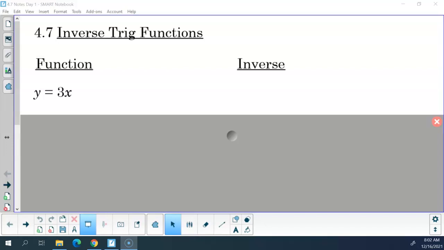Okay. So we're gonna start section 4.7. Section 4.5 was basically just graphing the four other trig functions. I remind you that tomorrow your graphs of cotangent and cosecant are due. One on each side, preferably.